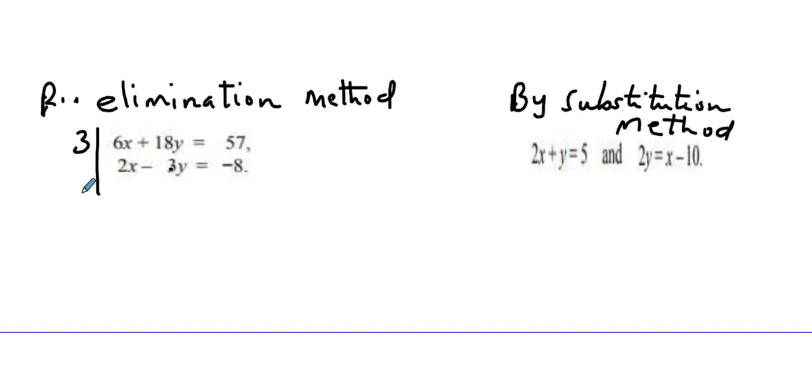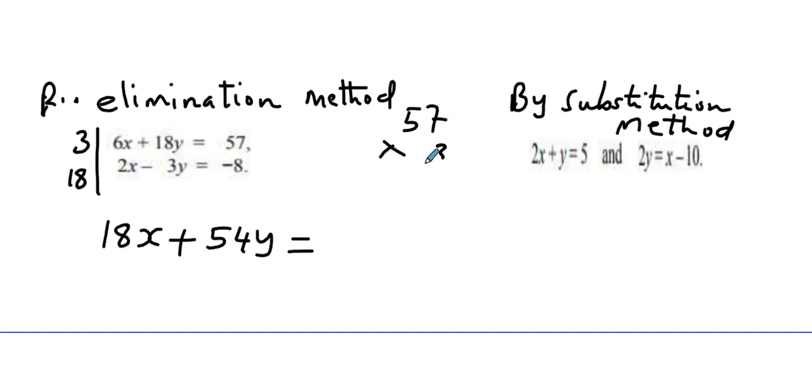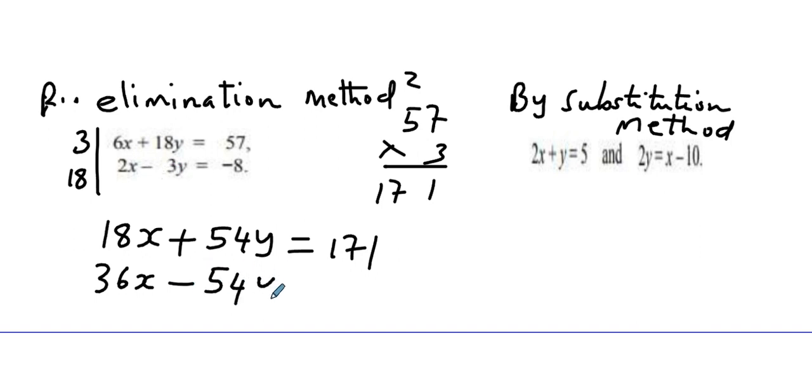So 3 comes here, 18 goes here, and then you open the brackets. 3 times 6x will be 18x, and 3 times 57 will be 171. 18 times 2 will be 36x. 18 times negative 8 will be negative 144.